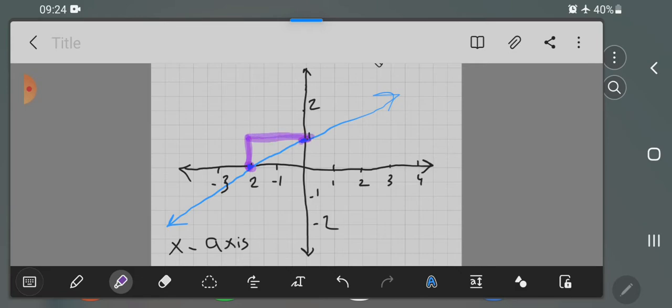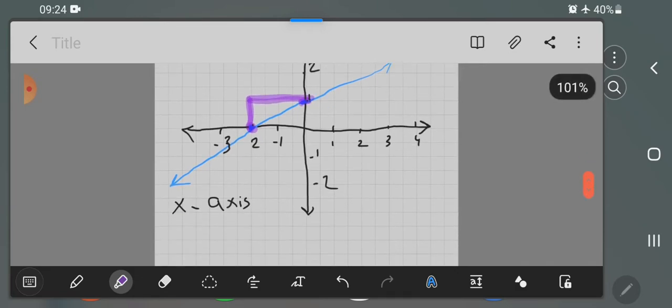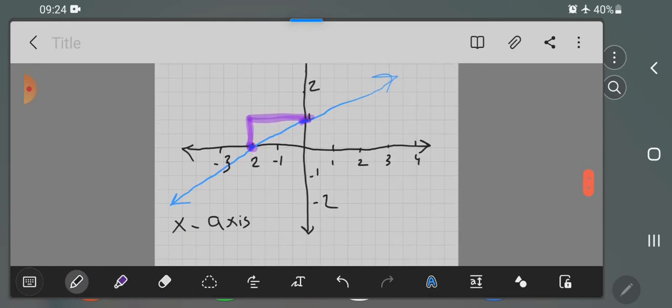Then run. Can you tell me now how we can write the slope? We said before slope equals rise over run. How many units did you rise up? Only 1 unit, 1 with a positive sign because we are going up.